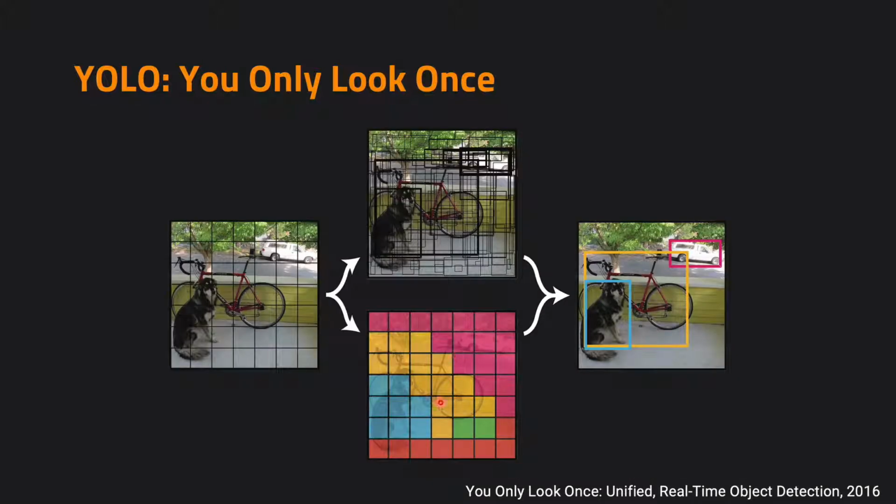To achieve that, at the output layer we classify each big block, or each pixel in the downsampled feature map, to see what the category of the target object is. Let's say this pixel may be on a bicycle, or this pixel is on a dog, and then we have a separate branch to regress the extent of this object. In the end, we can use non-maximum suppression to find the most likely bounding box for the target objects.